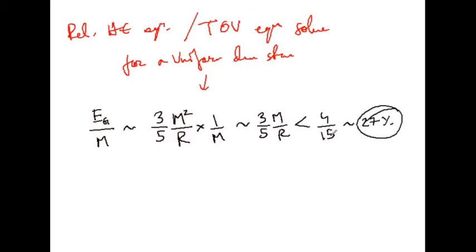So this is an important estimate. This is what I wanted to share with you. So basically we are getting sort of an absolute upper limit on the gravitational energy relative to mass.